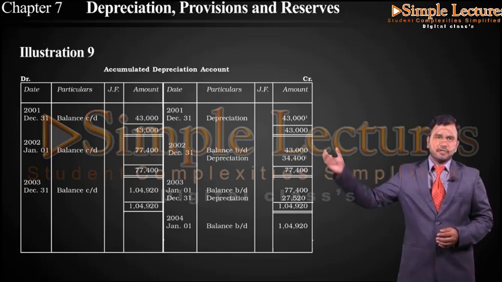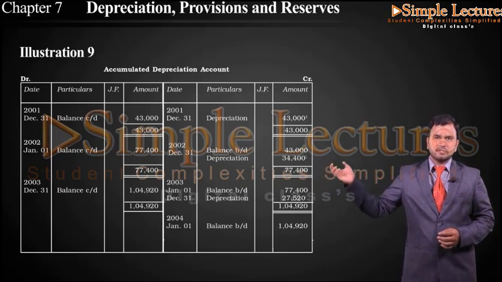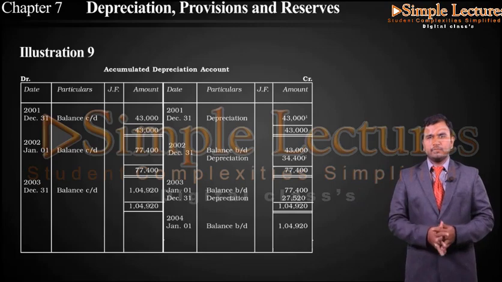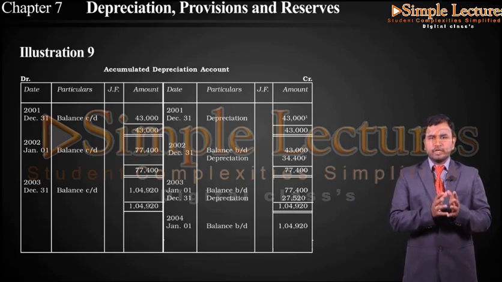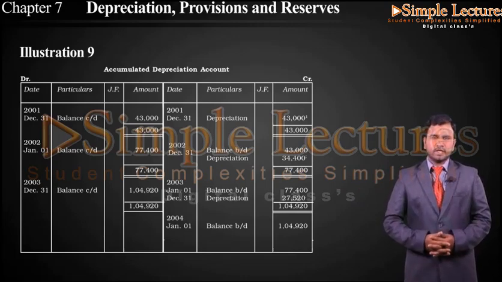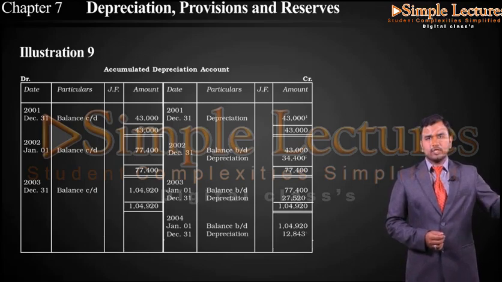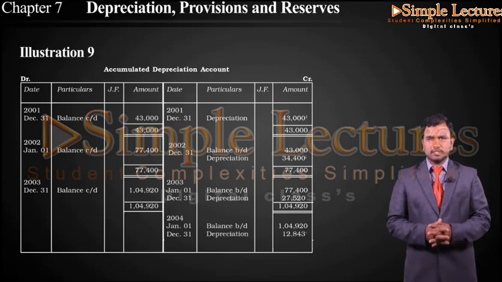So let me repeat, 2,15,000 minus 1,04,920 into 20%, where we will be getting 12,843. So that will be considered in the credit side on the closing date 31st December 2004, depreciation 12,843. So again we are going to close the account here.